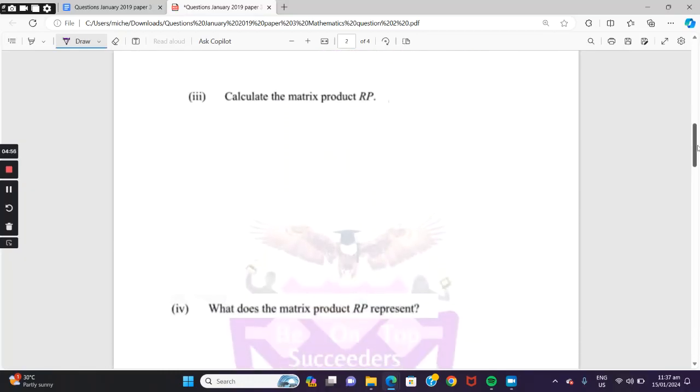Now the next part requires that we calculate the matrix product RP. RP means matrix R multiplied by P, and it said product. And even if they didn't say product, anytime you have two letters next to each other in matrix, it always means that those two letters will be multiplied.